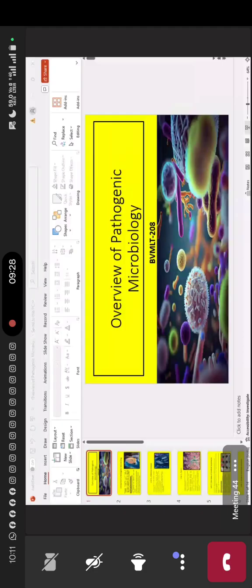After attachment, they insert their genetic material and multiply in our body. They undergo proper incubation as per their need, and in the incubation period they multiply, increase their size and also increase their number.